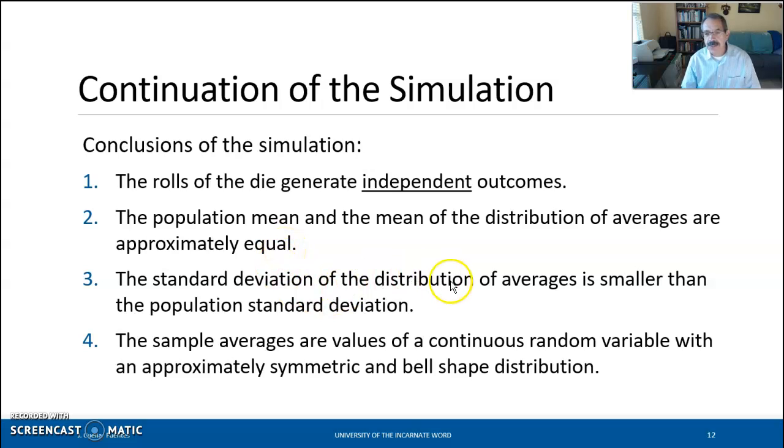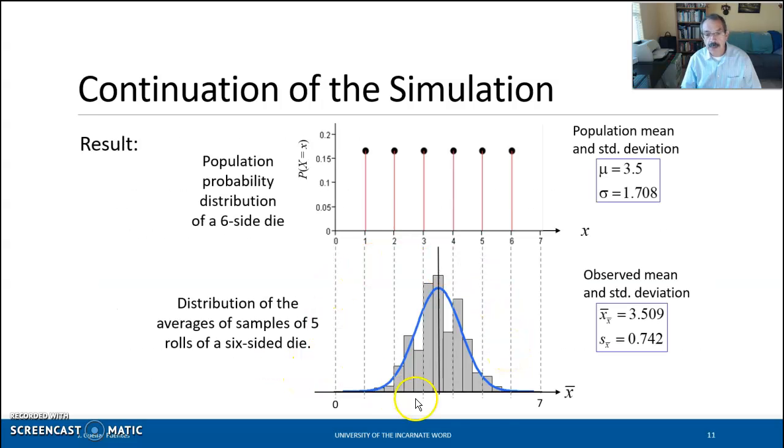And the standard deviation of the distribution of averages is smaller than the population standard deviation. And finally, the sample averages are values of a continuous random variable with an approximately symmetric and bell-shaped distribution. That's what we could see from just 100 averages.